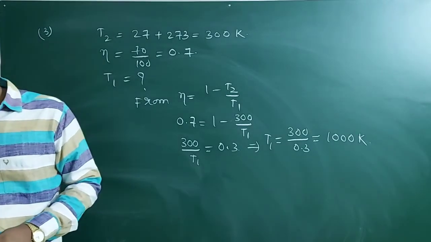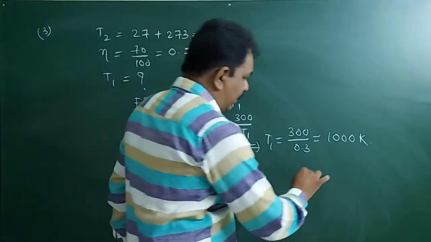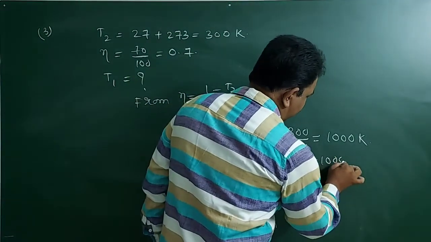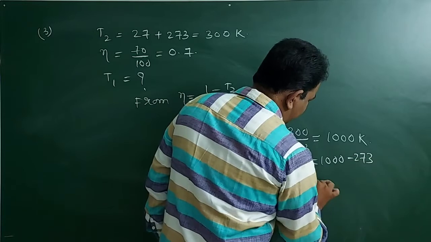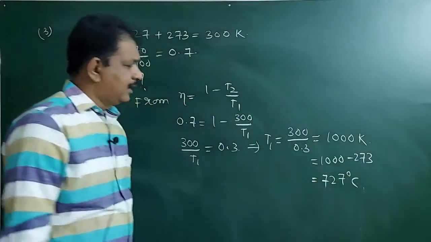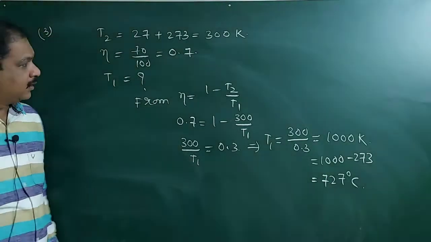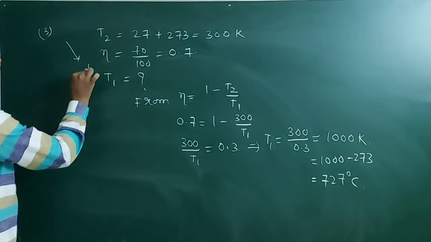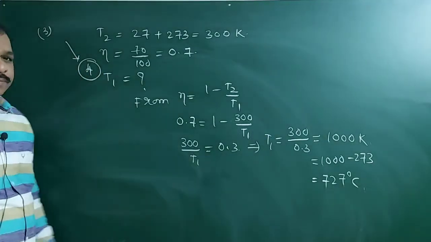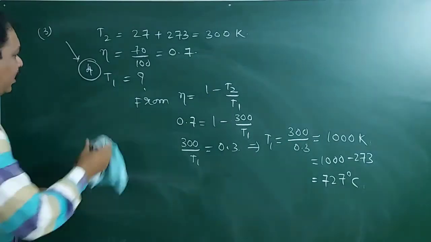Answers are given in degree centigrade. So 1000 minus 273, 727 degree centigrade. So the third question will be the fourth option. Clear? Next, problem number 5 you see.